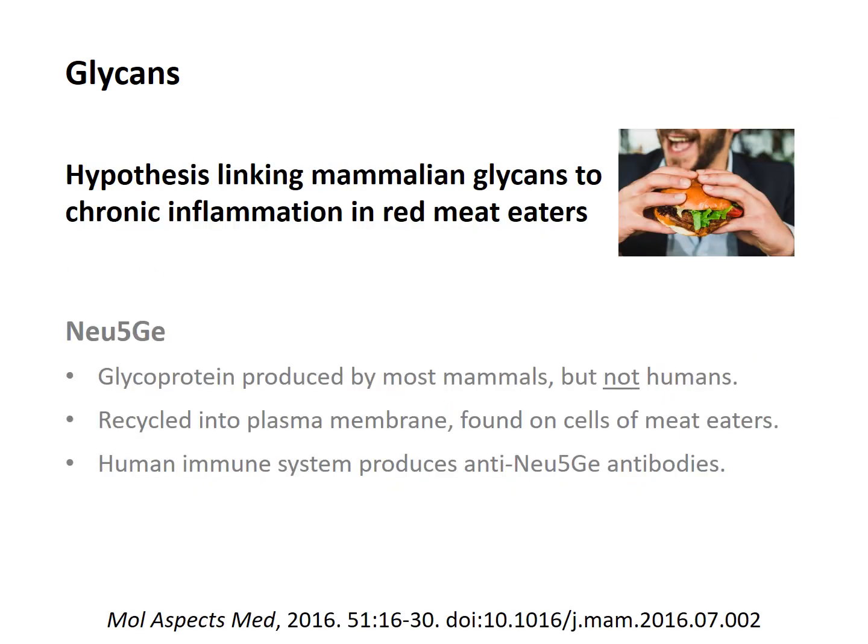I'd like to share one more fun fact about glycans, and it's related to a hypothesis that is attempting to explain the epidemiological observation that red meat eaters suffer higher levels of chronic inflammation. And this makes us, I eat red meat, more susceptible to heart disease. The hypothesis has to do with a glycoprotein called Neu5Gc that is produced by most mammals, but not humans.